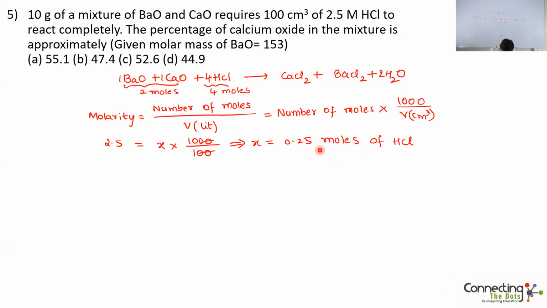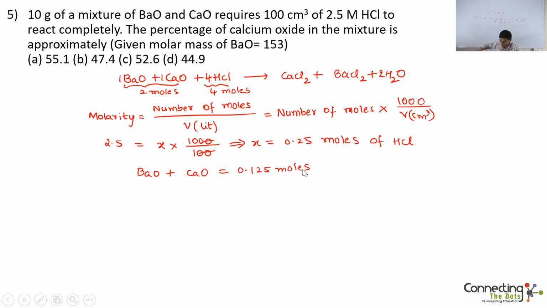So now from this you can say the total number of moles of barium oxide and calcium oxide can be half of that 0.25, which is nothing but equivalent to 0.125. So barium oxide and calcium oxide together, the number of moles will be 0.125 moles.